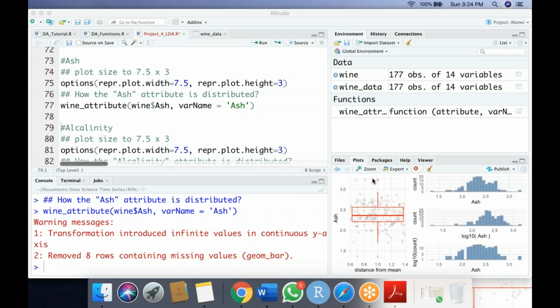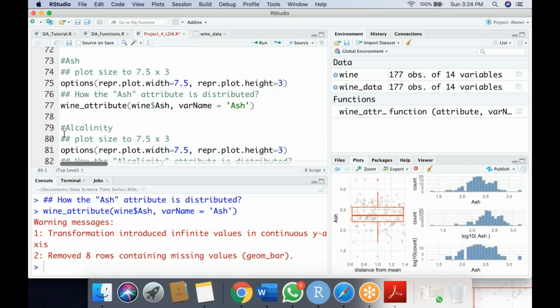You can see in ash there are two outliers, although the distribution is still falling within the normal distribution, and with transformations also it is still falling within the normal distribution. So now let's go into alkalinity.